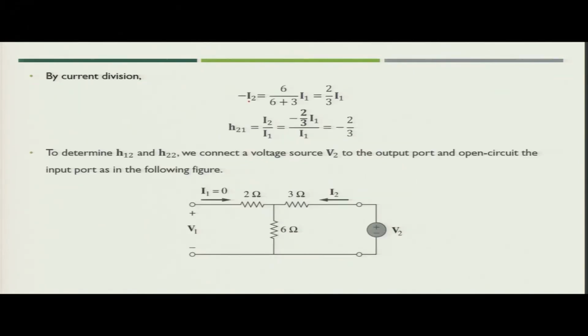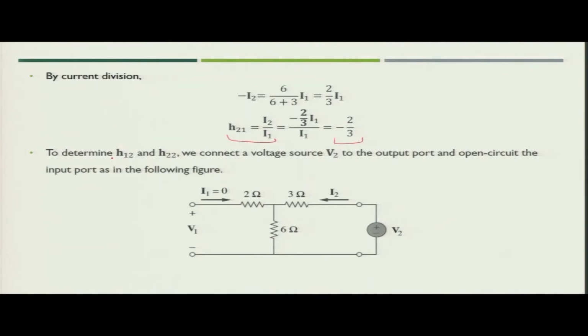So minus I2 equals 6 upon 6 plus 3 times I1, that is, minus I2 is equal to 2 by 3 I1. So you get H21, the ratio between I2 and I1, and when you simplify, you will get H21 as minus 2 by 3.